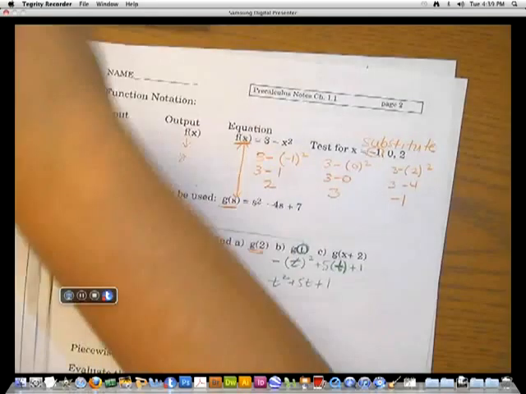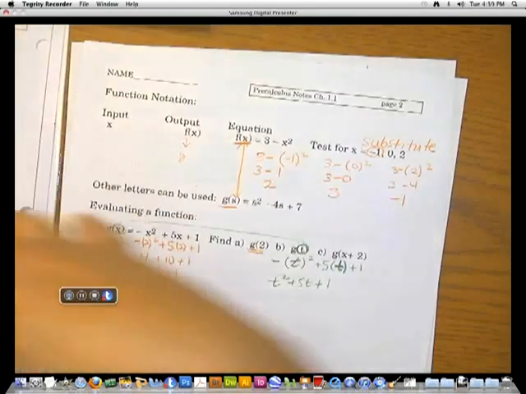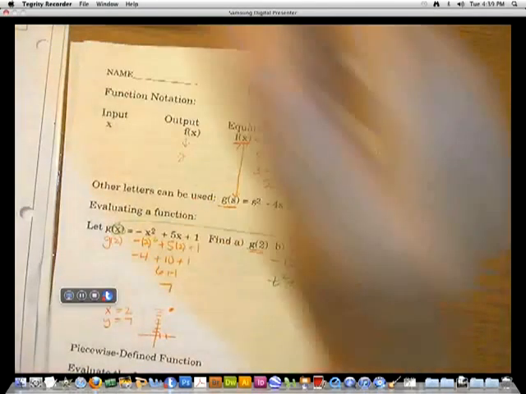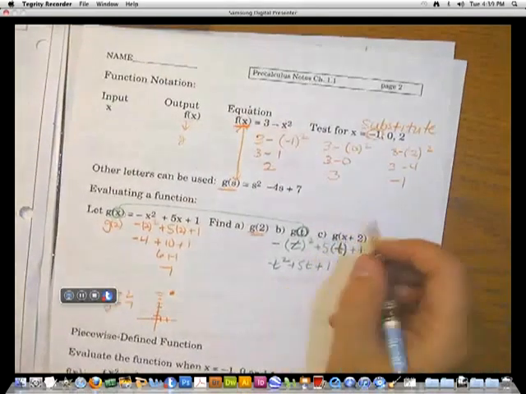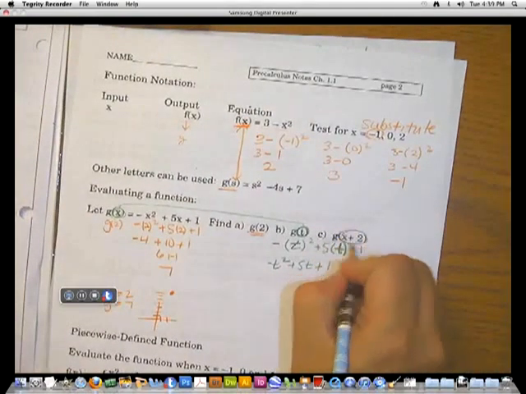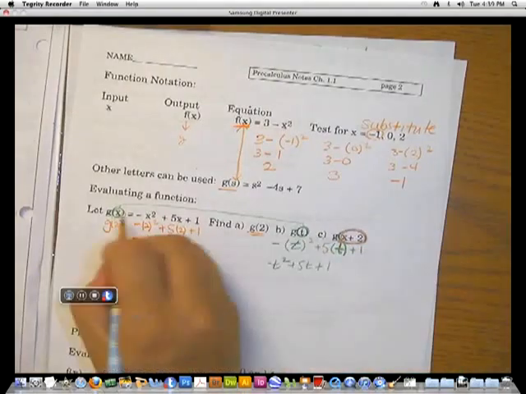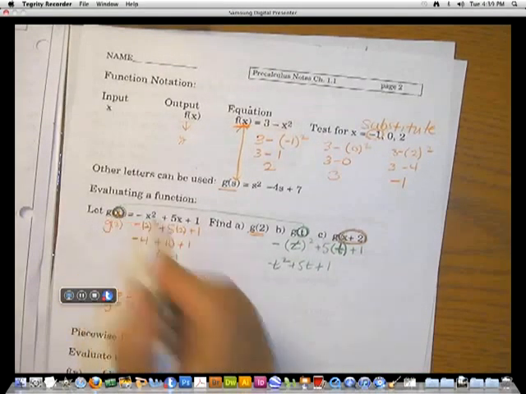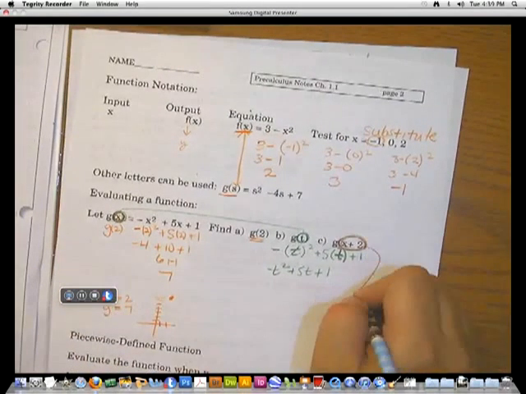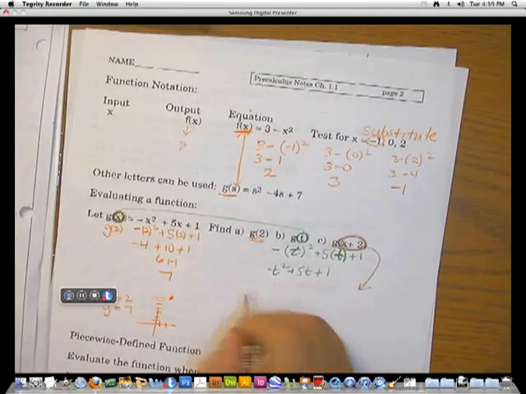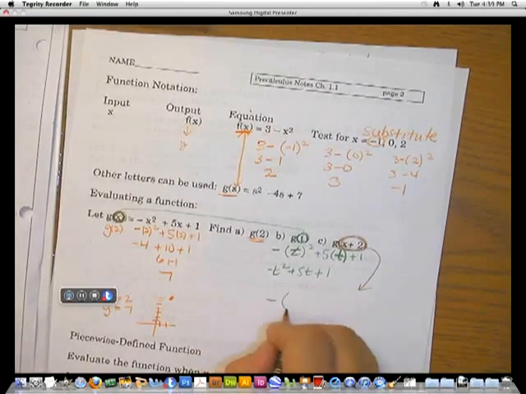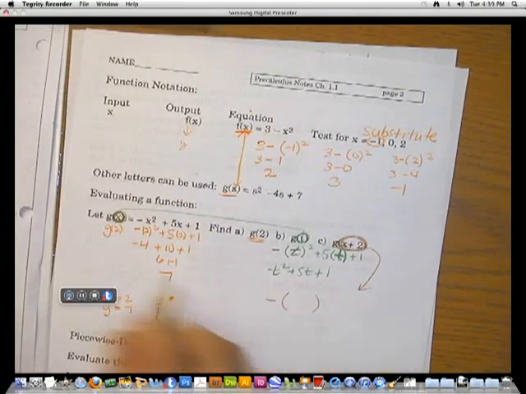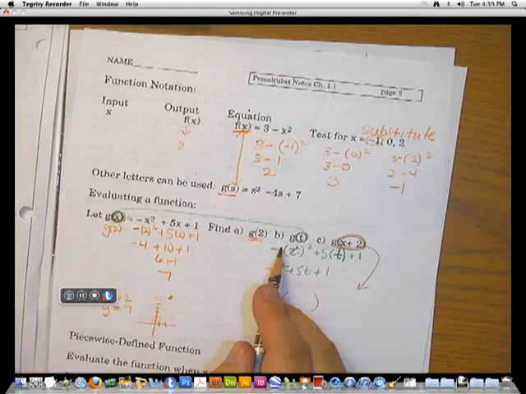So when we have an actual equation or polynomial, we still don't change anything. Everything that's in the parenthesis goes into the x location. I'm going to come down here with this. So negative, I had an x, but I'm substituting not the 2 like I did in the first one, or t like I did in the second one.